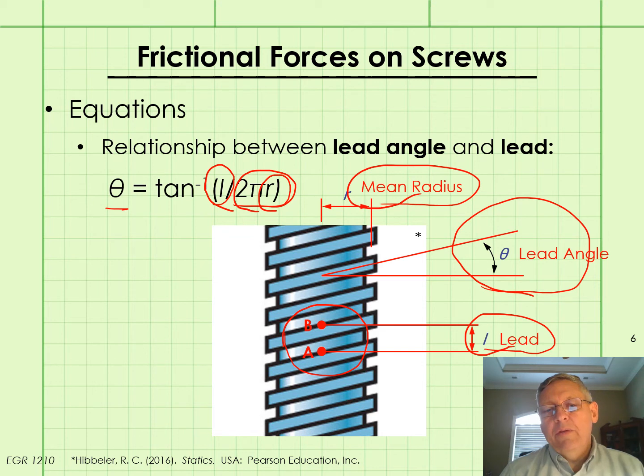So if you know small l and small r, the mean radius, you can calculate the lead angle of the screw.